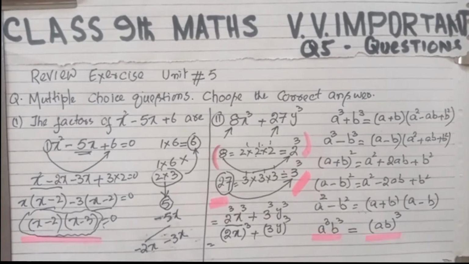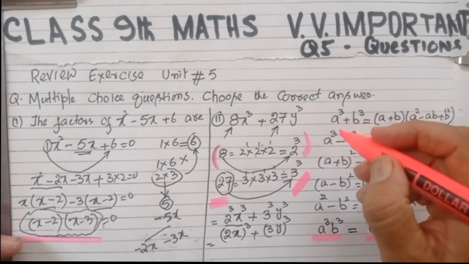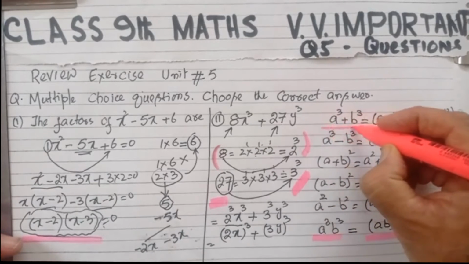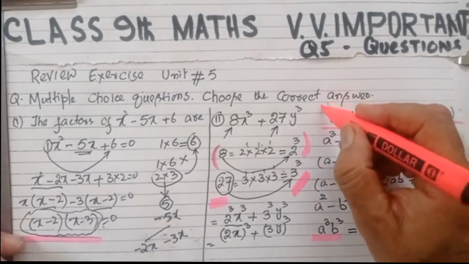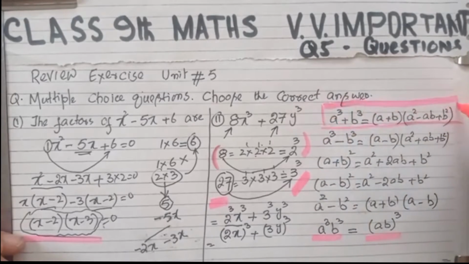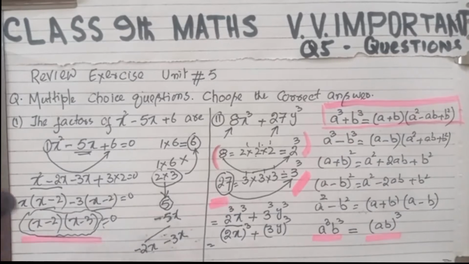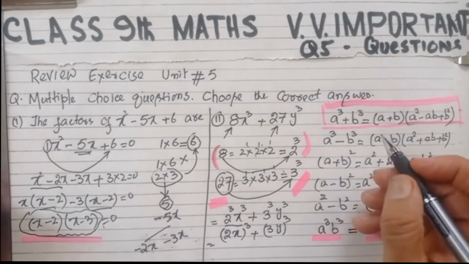Now this is a cube plus b cube. You know the formula of a cube plus b cube: that is equal to (a plus b) times (a square minus ab plus b square).